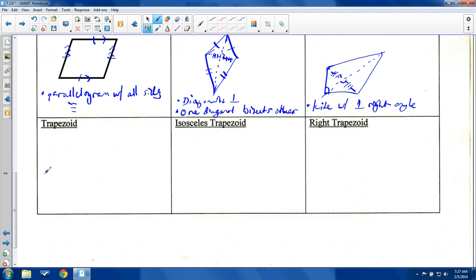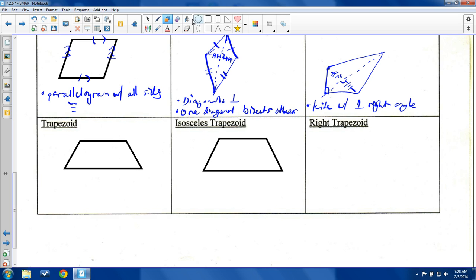Okay, a trapezoid. Let's do it. Now this will also be an isosceles trapezoid, but that's not the point, so I'll just make one here though. Trapezoid: one set of parallel opposite sides.